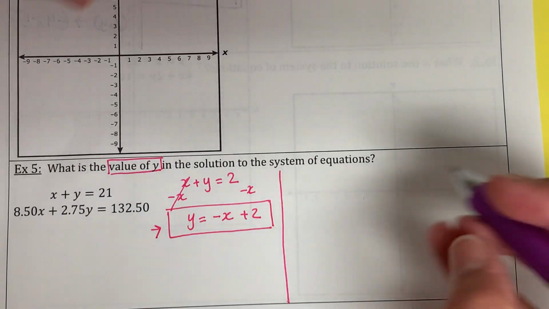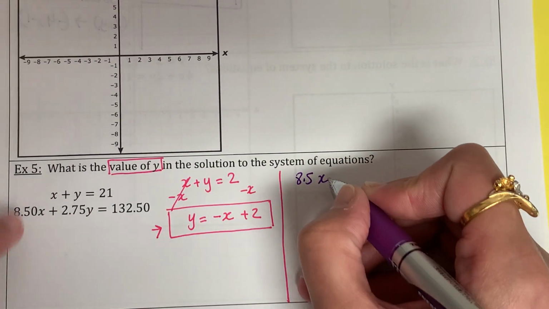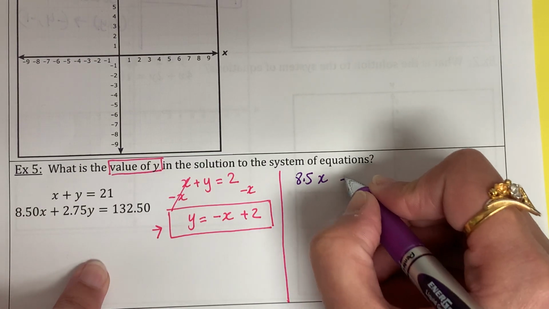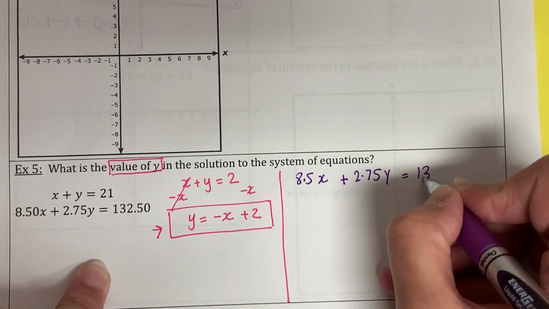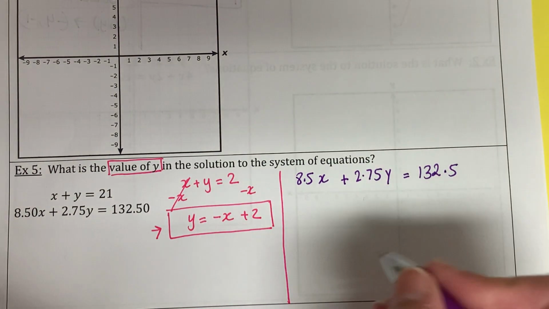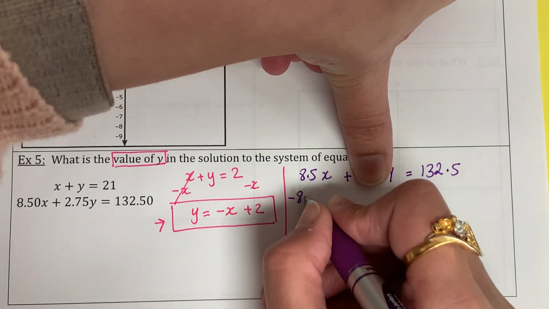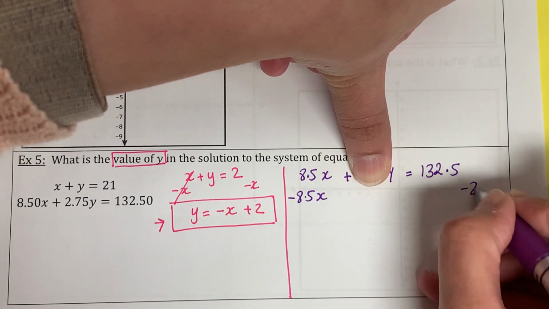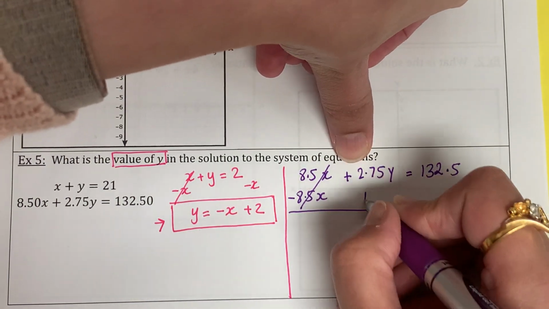Let's fix the second equation, which is with the decimal, so you have to pay a little more attention. It is 8.5x plus 2.75y equals 132.50. I want to keep the y here, so minus 8.5x on both sides. Bring this down.